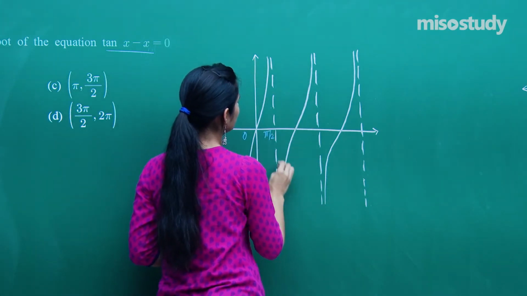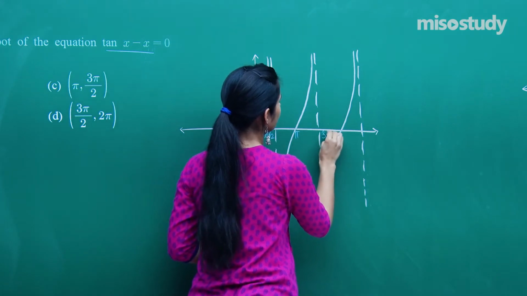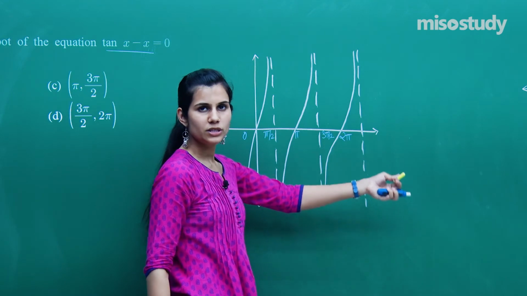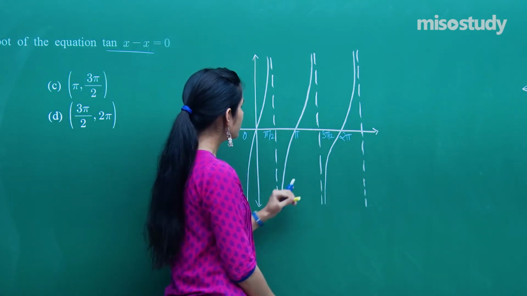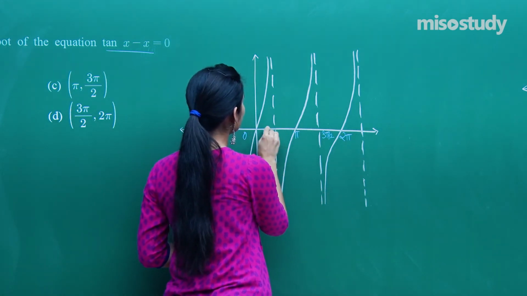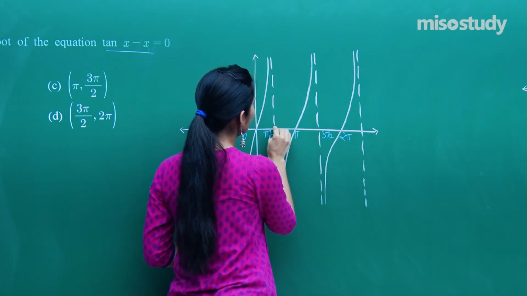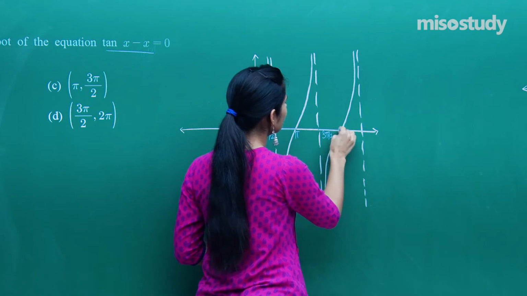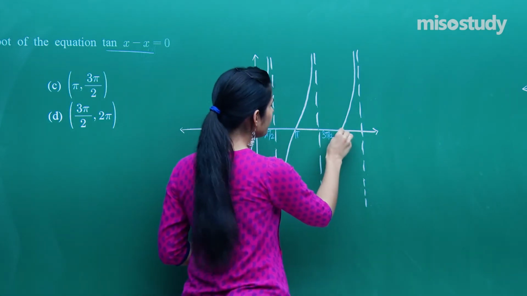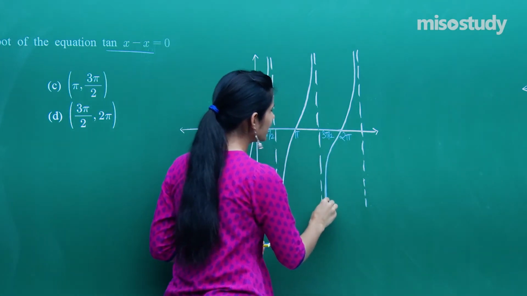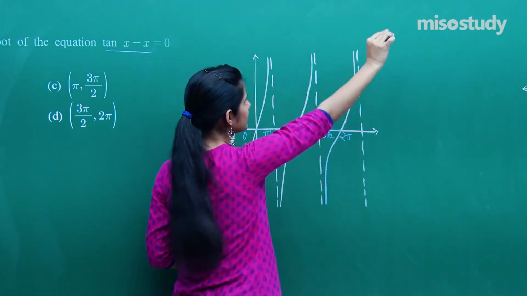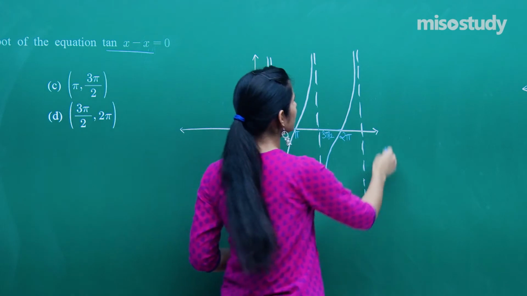That's pi by 2, pi, 3 pi by 2, 2 pi, and then 5 pi by 2 and so on. So over here we have done from 0 to pi by 2, there is no solution. Pi by 2 to pi, no solution. Pi to 3 pi by 2, I don't know still, but 3 pi by 2 to 2 pi, if I am going to see, again the function is less than 0, that's negative. So 3 pi by 2 to 2 pi is negative and x is greater than tan x.